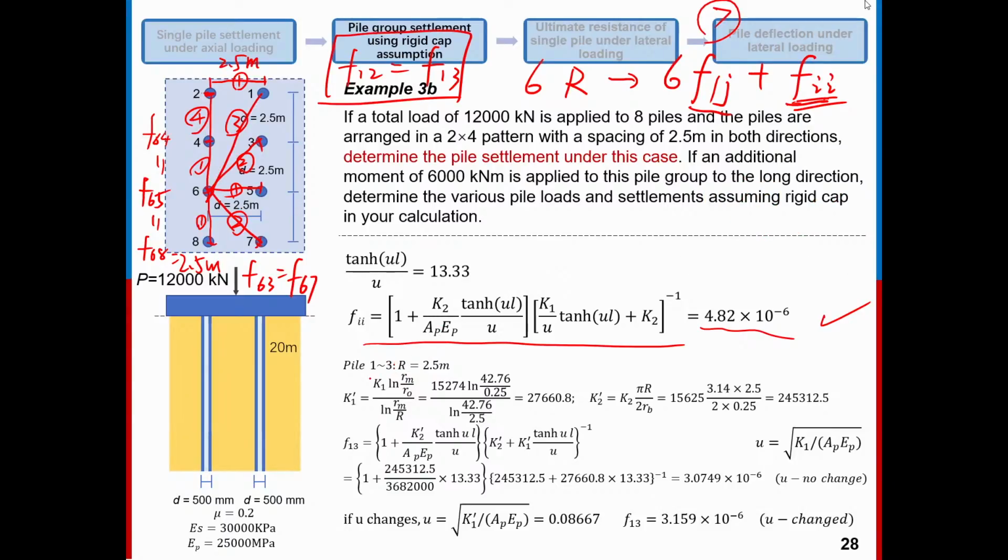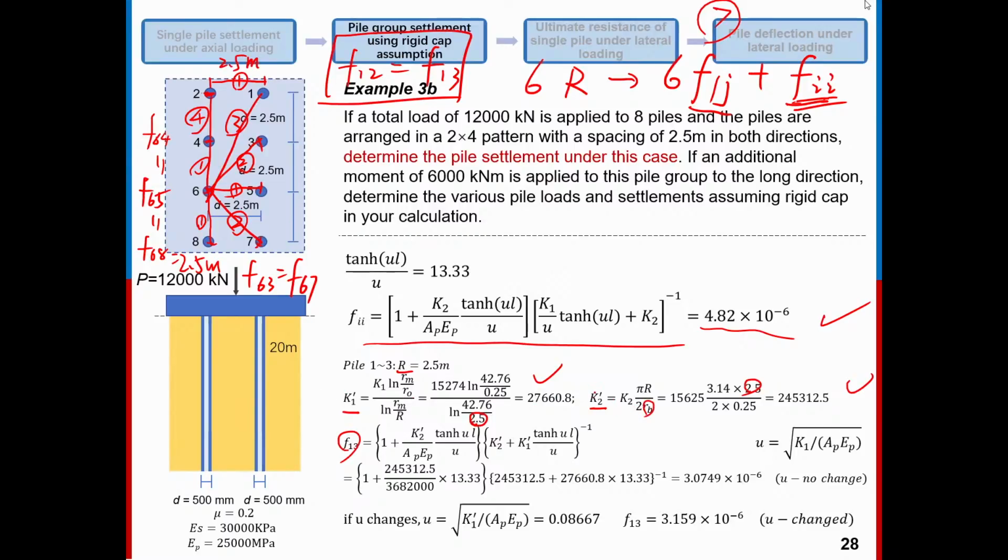So let's see. To calculate F13, the R is equal to 2.5, and K1 prime and K2 prime can be calculated easily here. This RB is the radius of the pile base.